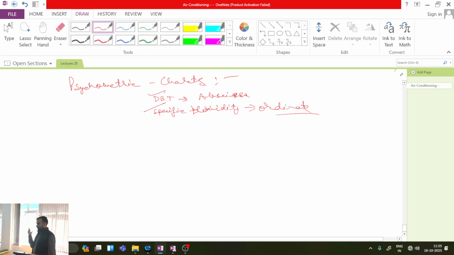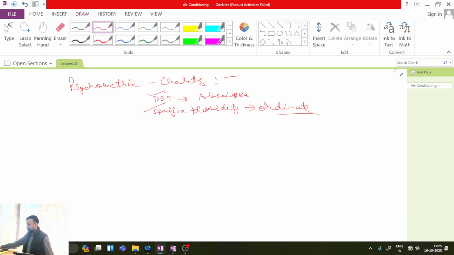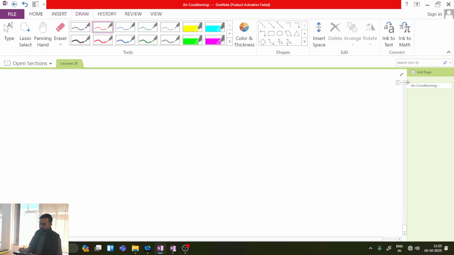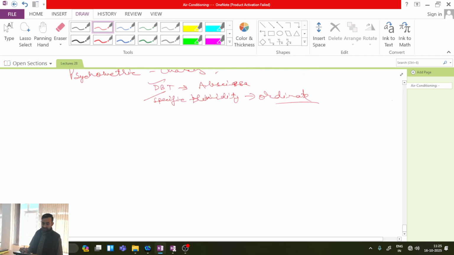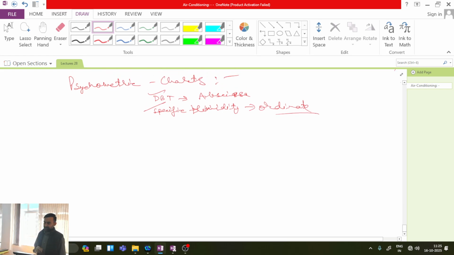So at present, the American Society of Heating, Refrigerating and Air-Conditioning Engineers charts also use DBT along the abscissa and specific humidity along the ordinate. Majorly this is the standard form considered nowadays for standardization of the psychrometric chart.